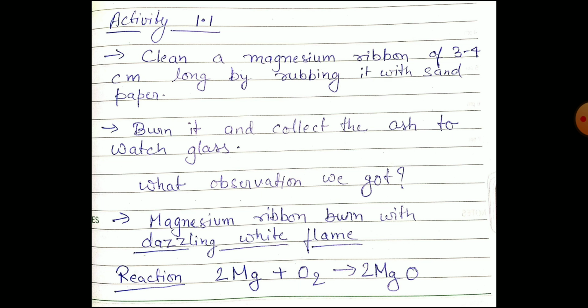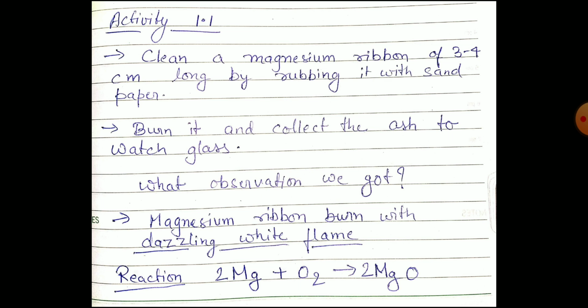So what do we observe? We observe that the magnesium ribbon burns with a dazzling flame. The words dazzling white flame are very important, you need to remember them, because most of the time they ask questions like this and we have to fill in the blanks.